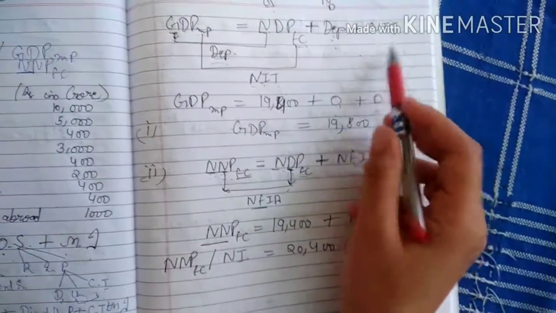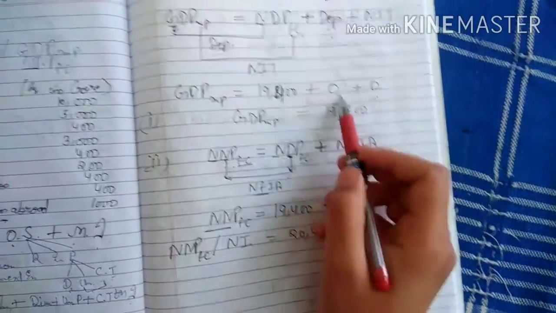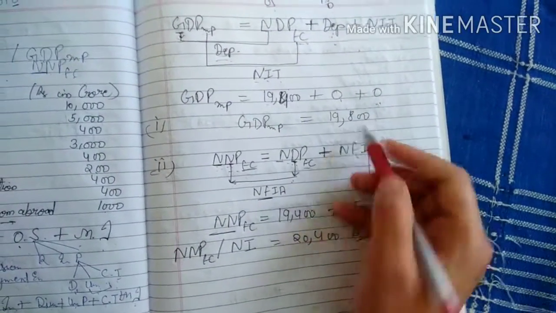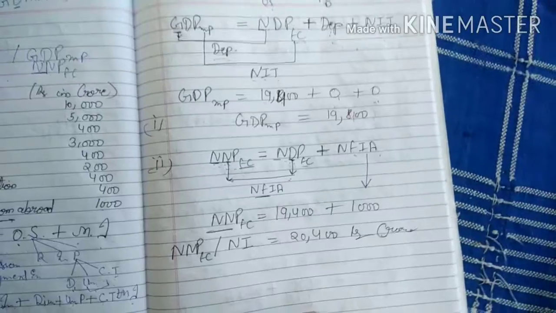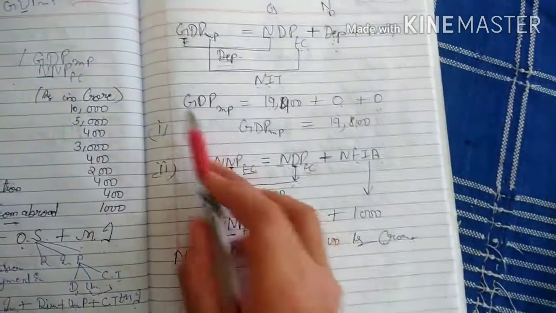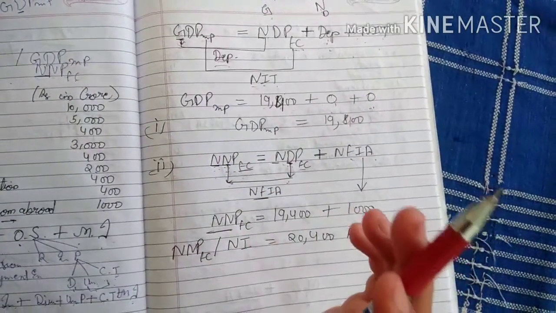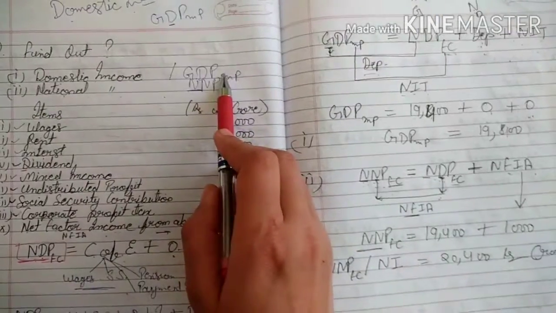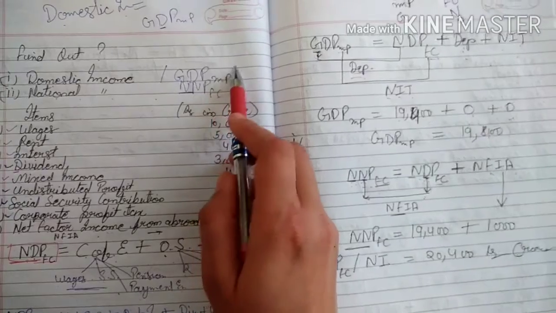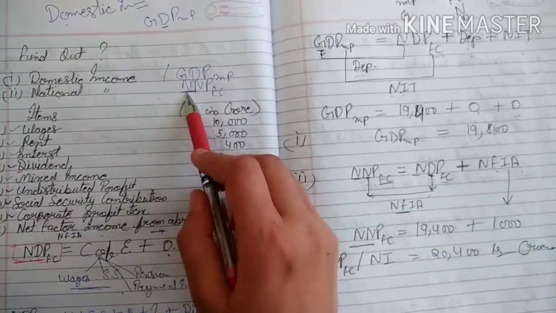No. So it means both are 0. So here I put depreciation 0, NIT 0. If we add, we get 19,400, same value. It means GDP and NDPFC are same. No depreciation, no NIT. Okay, so first we clear what the question first asks, we solve that.